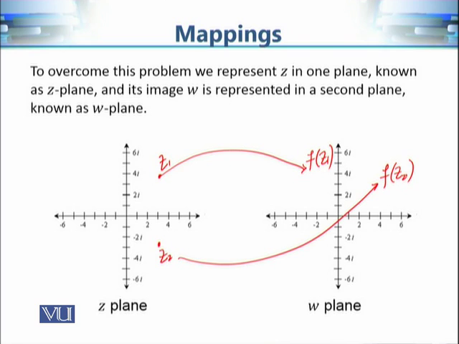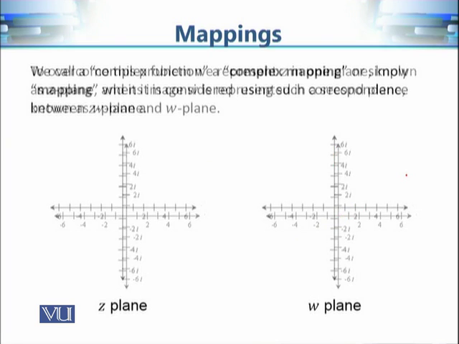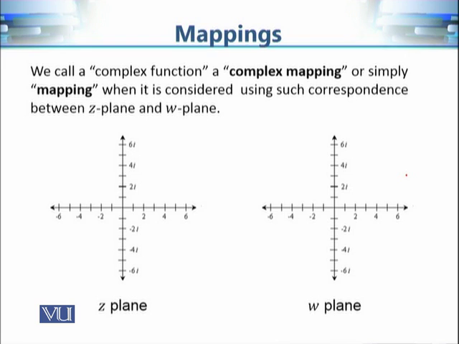So we have two different planes, one for the domain and one for the range. The domain plane is called the Z plane and the range plane is called the W plane. When we consider a function using such a correspondence between two complex planes, we call complex functions complex mappings, or just mappings.